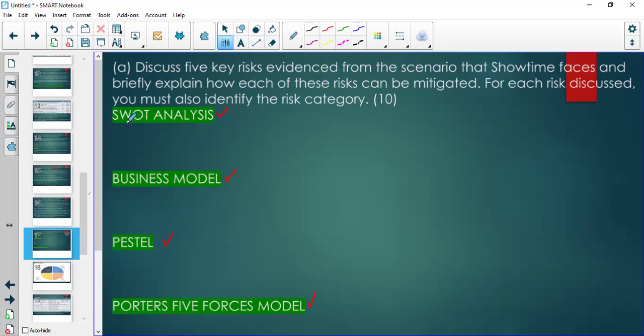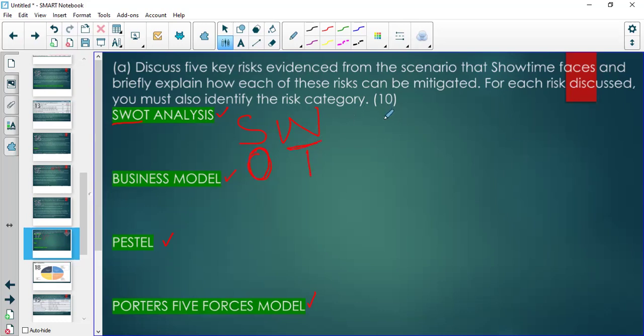For example, the SWOT analysis is going to help us to look at the strengths and the weaknesses of a business, then the opportunities and the threats in the external environment.